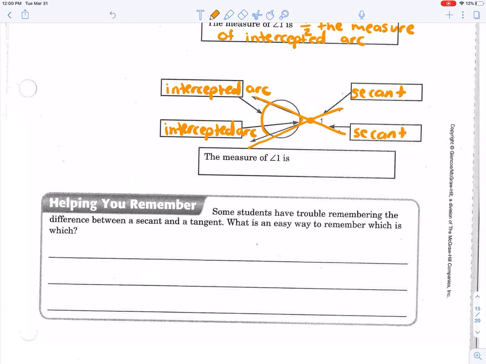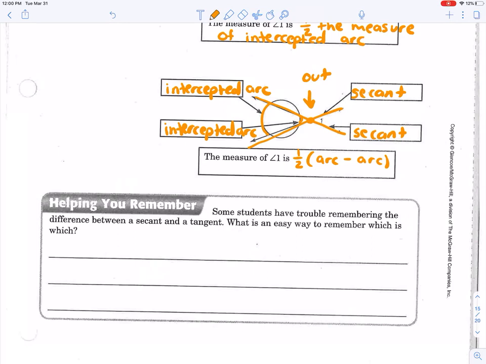I notice that my vertex here is outside. And like I said before, outside we're thinking is bad. So now I'm going to do 1/2 times the arc minus the arc. And we're talking about real measures. So how do you know which order to subtract? Well, you can't have an angle measure in this case that's negative. We're only looking for positive values. Therefore, you need to subtract the smaller arc from the bigger arc.